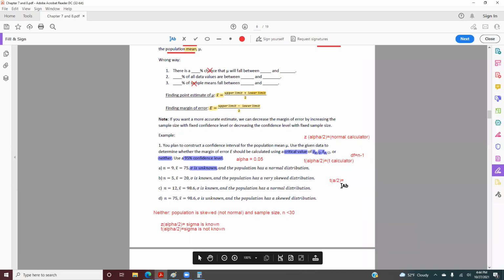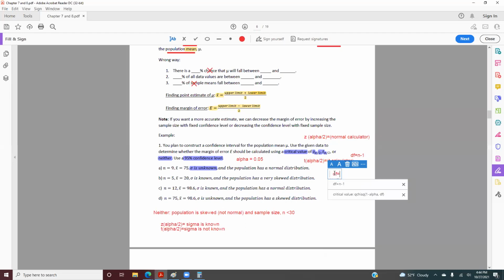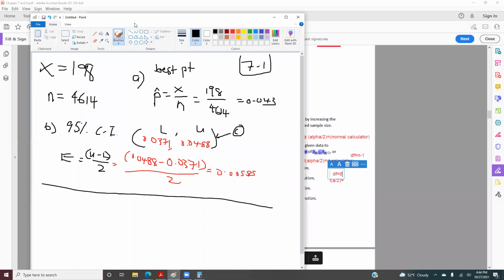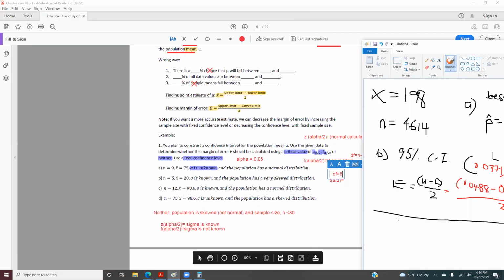Okay, so how do you put this in? Usually this is asked in, I'm going to write in here so it's easy. This is question 7.2, question 1A. So we are using T alpha over 2. Your degree of freedom in this case is 8, because it's 9 minus 1.